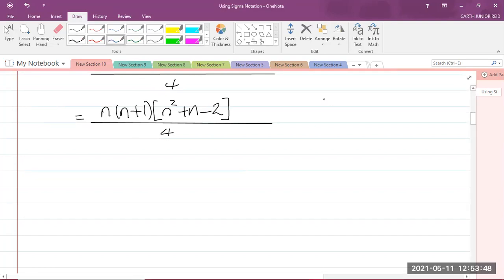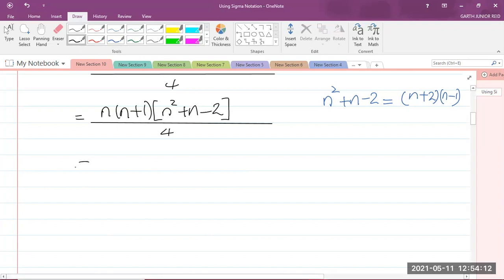So if we have n squared plus n minus 2, we can factorize that as n plus 2 multiplied by n minus 1. When you multiply two numbers, you're supposed to get -2, and when you add them, you're supposed to get 1. So those two numbers are 2 and -1.